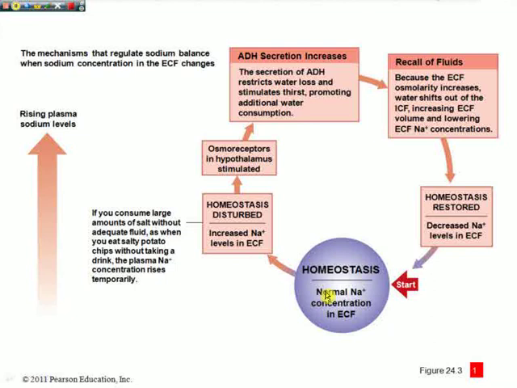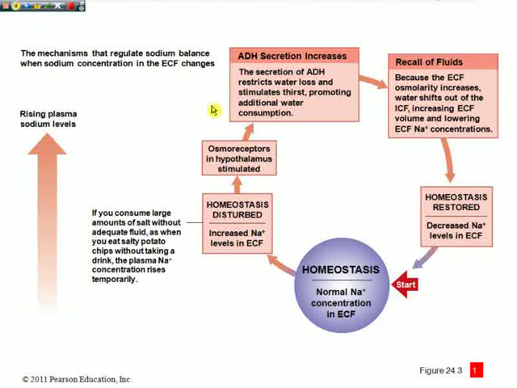So when your body is in homeostasis, you have normal sodium concentration in the ECF. That homeostasis gets disturbed. You have increased sodium levels in the ECF. That's from, say, consuming large amounts of salt without adequate fluid, or something like that.